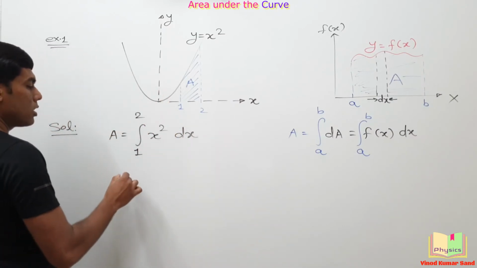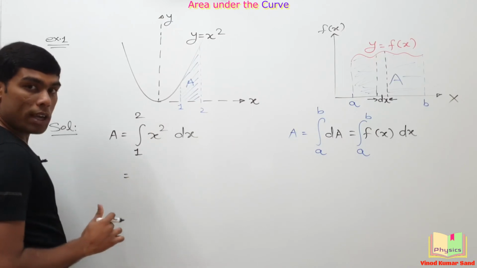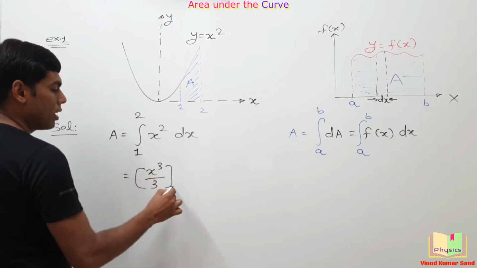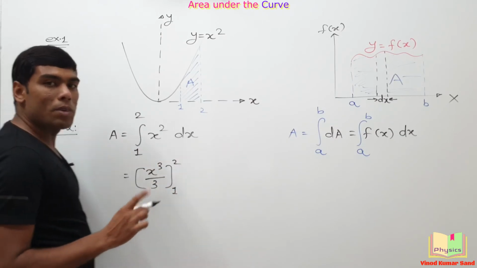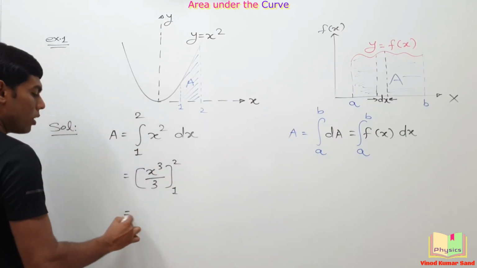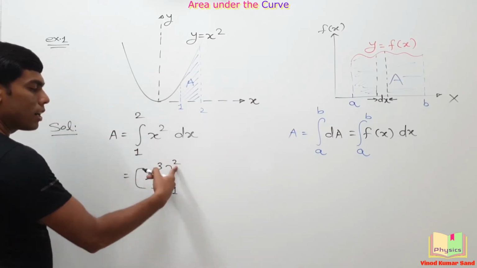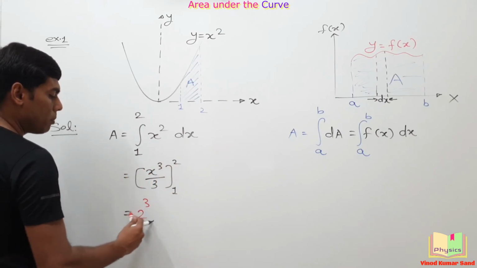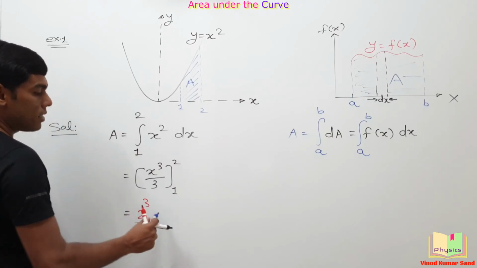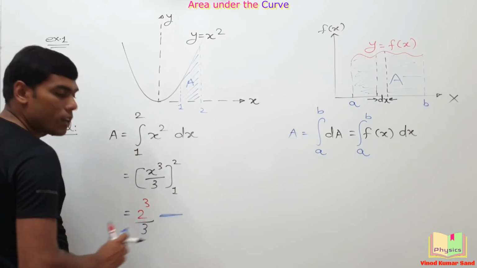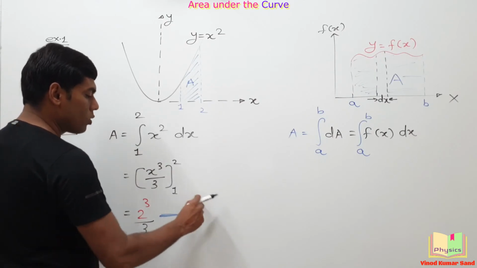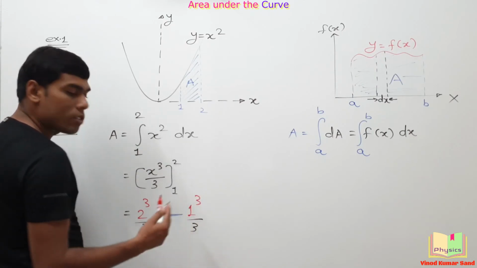Now the computation is pretty simple. Integration of x square, you people remember that, is x cube by 3. Lower limit is 1 and the upper limit is 2. Now at the place of x, put up the upper limit first. So this will be 2 cube by 3 and then there is a minus sign. Now you put the lower limit at the location of x. So it is 1 cube by 3.